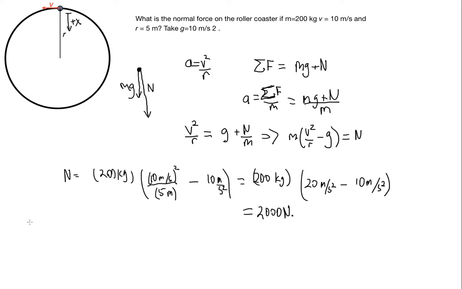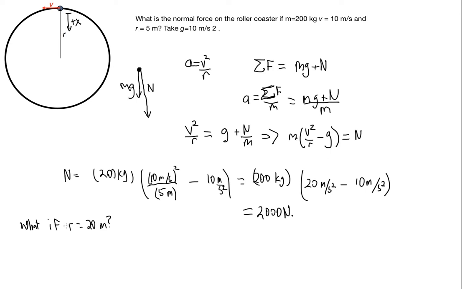Now I want to ask, what if r equals 20 meters? So in that case, I get the exact same formula. Nice thing about working things algebraically. And I just plug in different values.